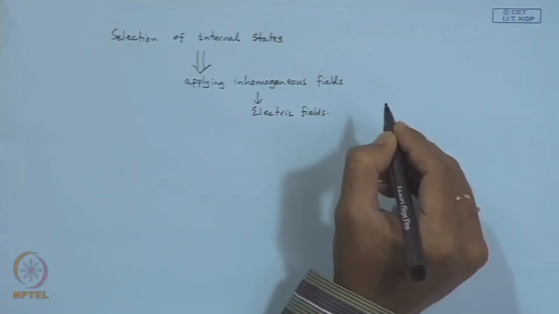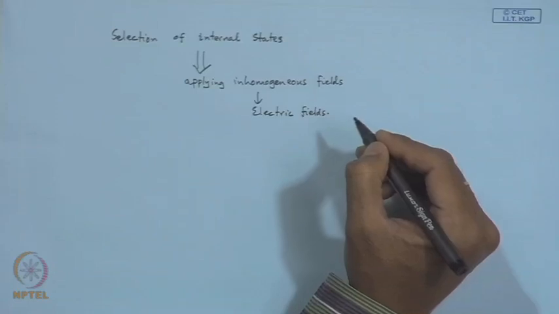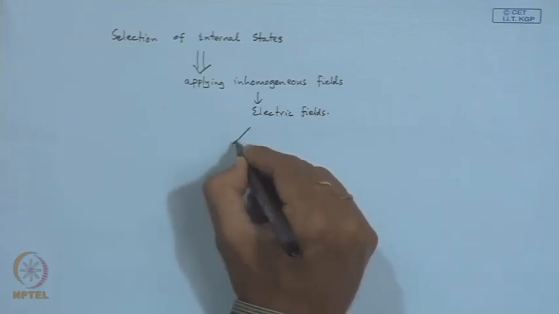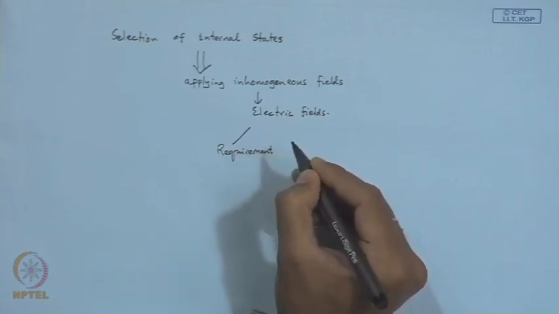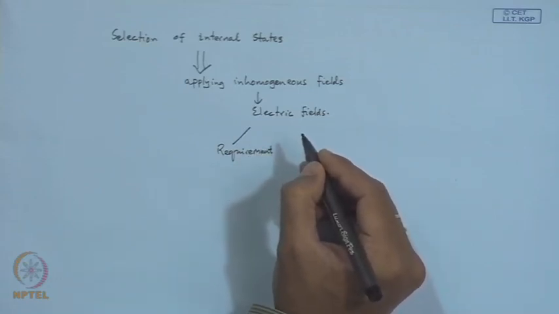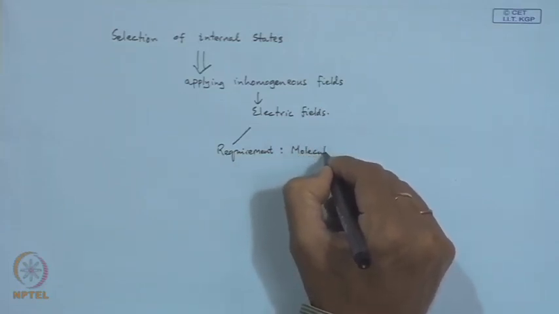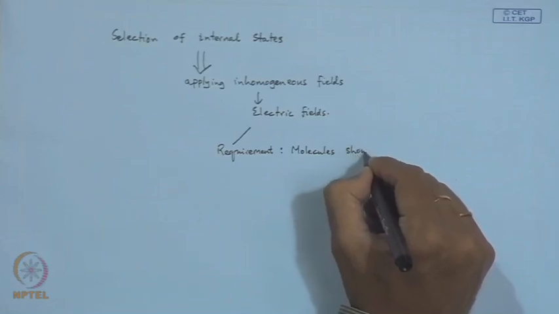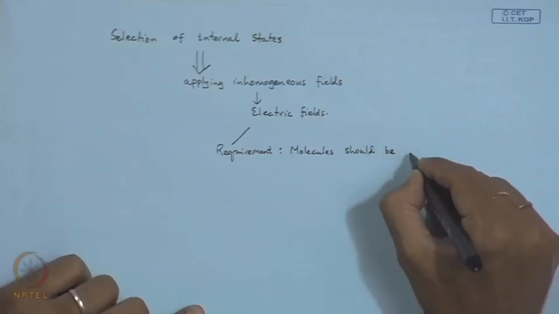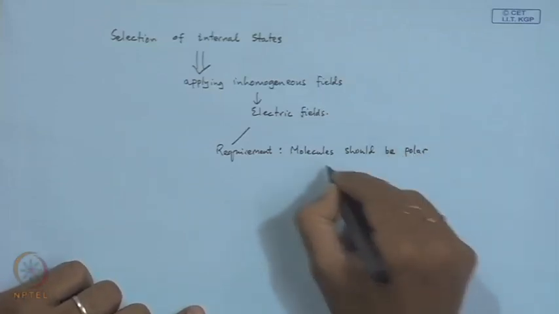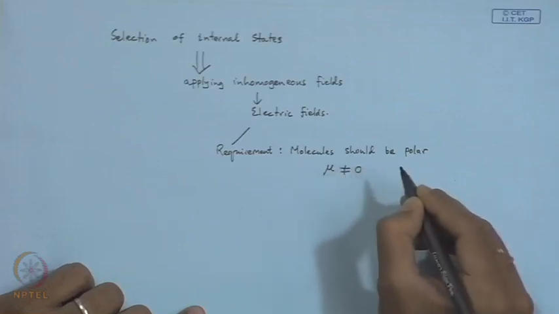The thing is that the molecules, I mean your reacting molecules, the requirement is that the molecules should be polar, that is dipole moment mu should not be equal to 0.